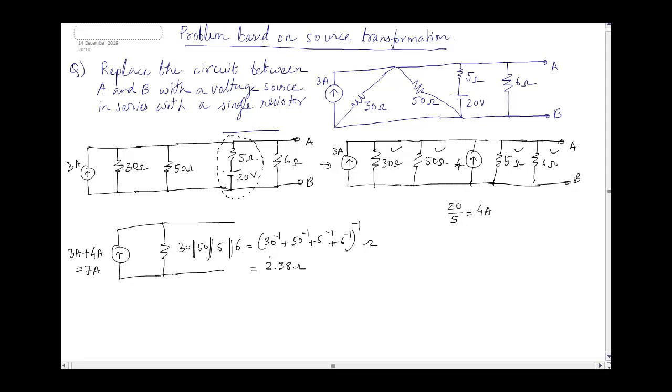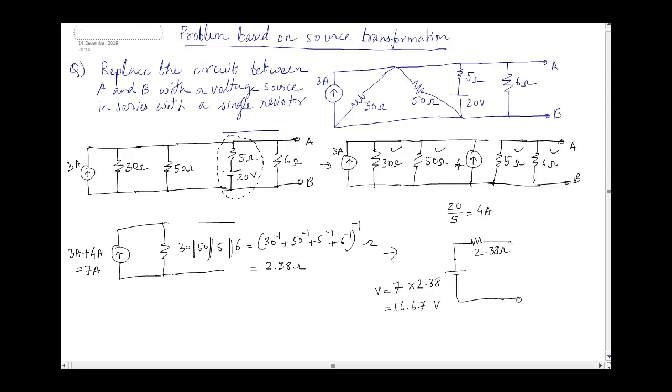This can be transformed again into a single resistance, which is the same 2.38 ohms, in series with a voltage source, and the voltage will be the current 7 into the resistance 2.38 ohms, which will give me an answer of 16.67 volt.